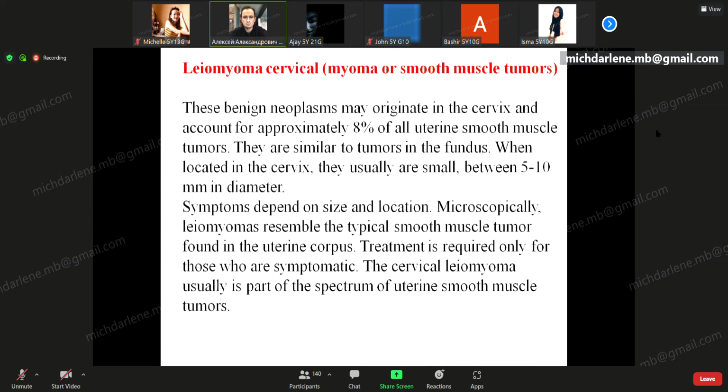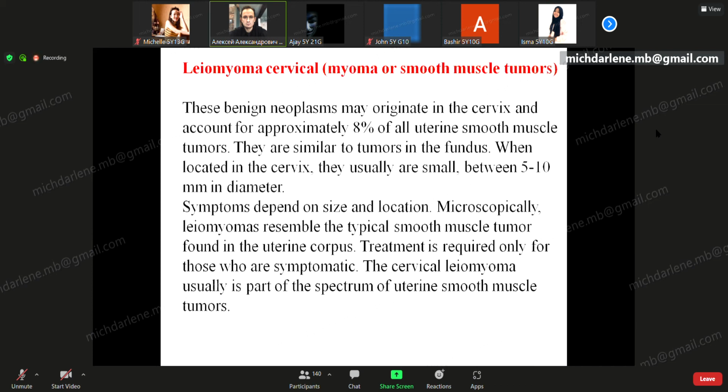But it can be, and tactics with myoma of the cervix are usually more aggressive than in the case of myoma of the uterus. I believe you don't forget that myoma of the uterus is an indication for watching that myoma. For myoma of the cervix, we need to watch for that too. It's a normal story.